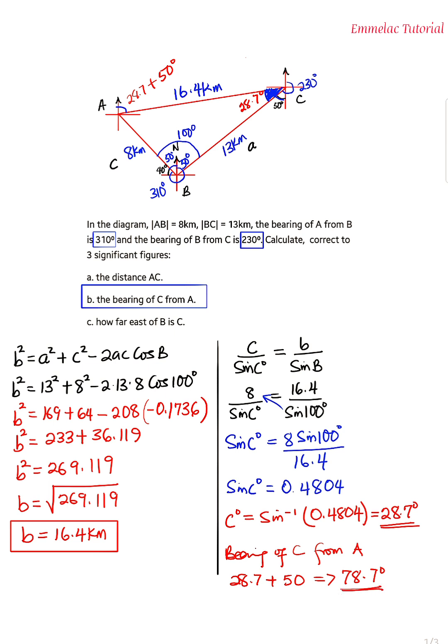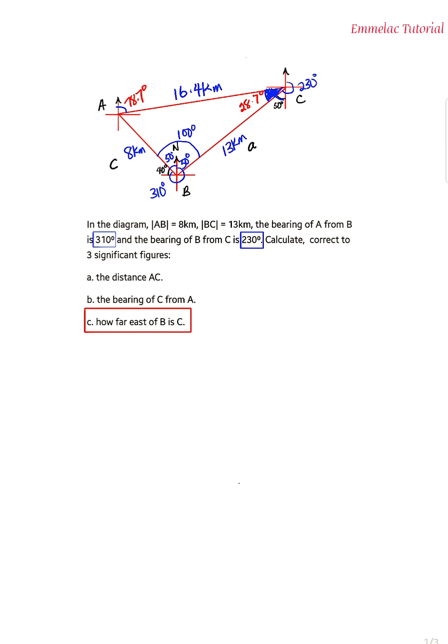Okay, the next thing we need to do here is to find how far east of B is C. So let's get started. Here's how to interpret this. Now this is the east of B. We'll just draw a line from here straight down, then draw another line from C down.